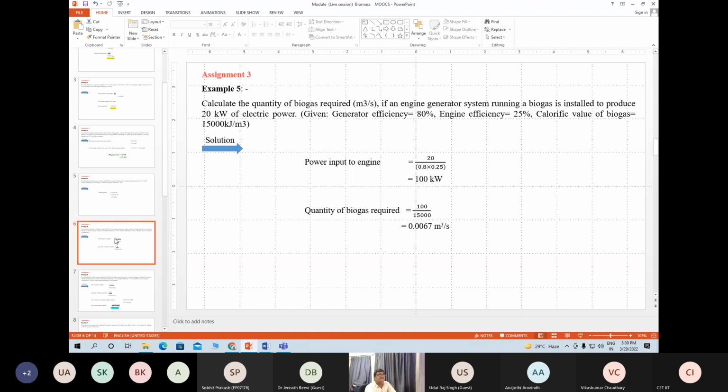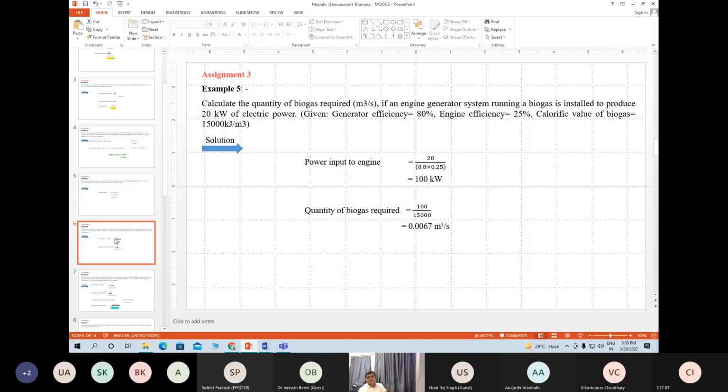Clear? And the engine generator system which is running on biogas is installed here to produce 20 kilowatt of electric power. So this is the amount of power which is getting produced here, that is 20 kilowatt of electric power. Clear? Now the generator efficiency and the engine efficiency both are given here, because it is mentioned the engine generator system.